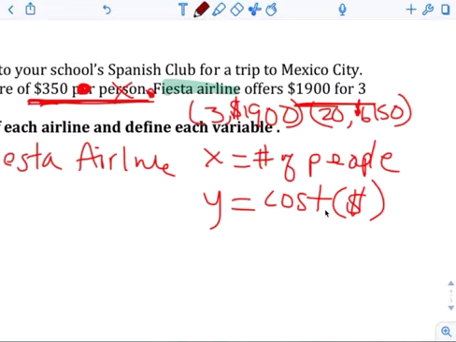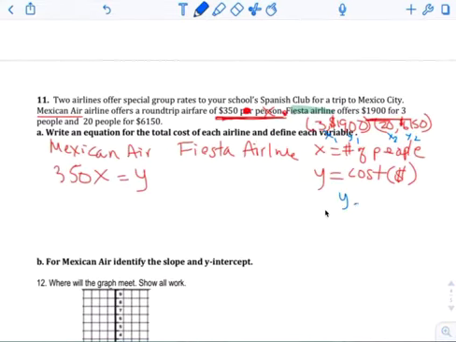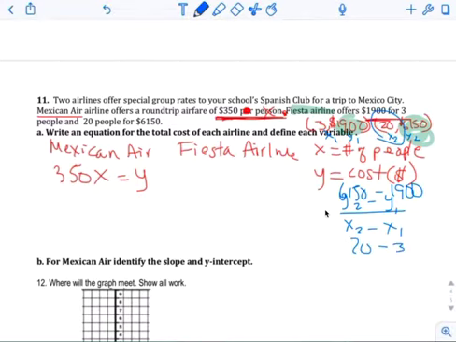You do point x1, y1, x2, y2. So y2 minus y1, x2 minus x1. So y2 is 6150, y1 is $1,900, over x2, which is 20, minus 3.